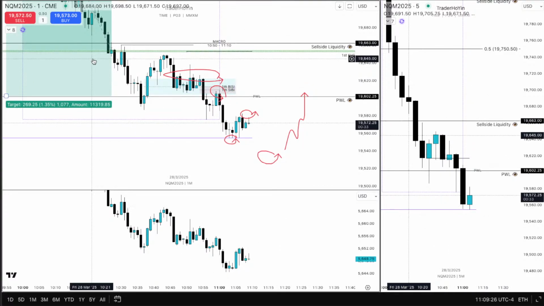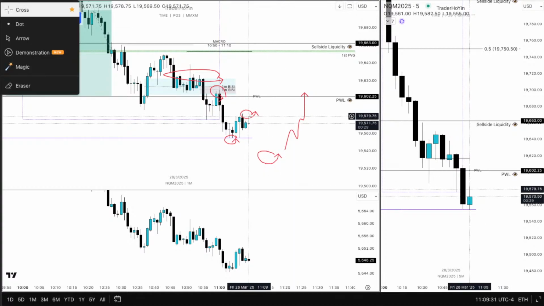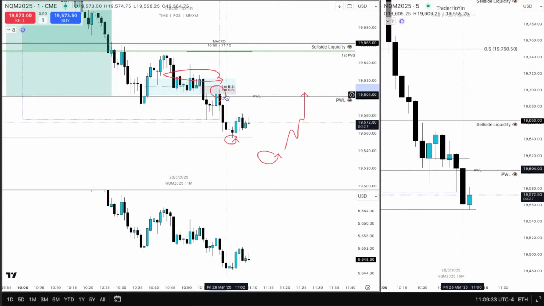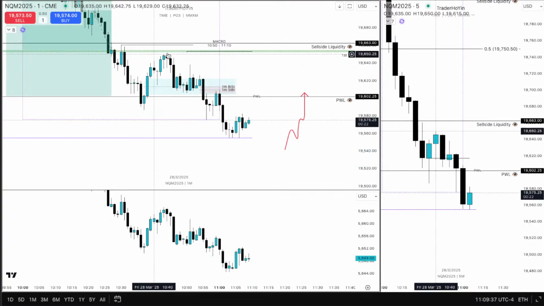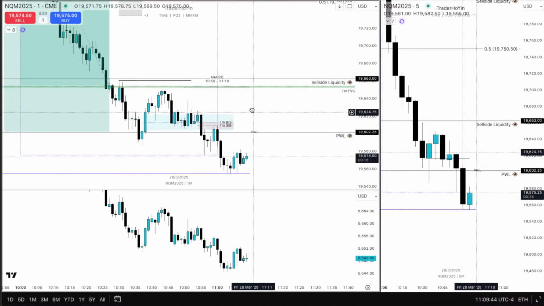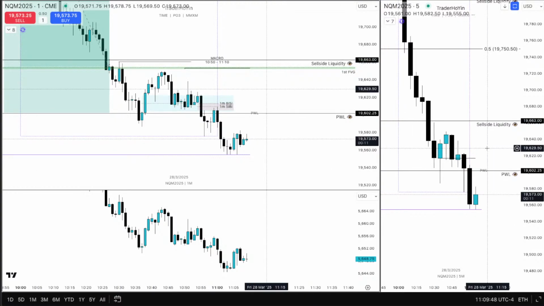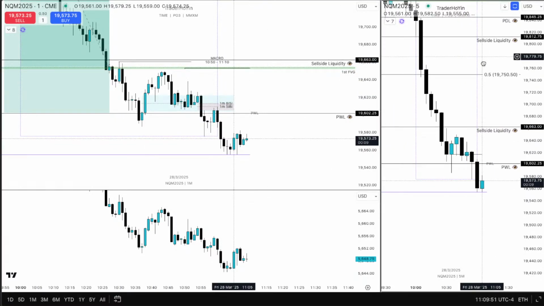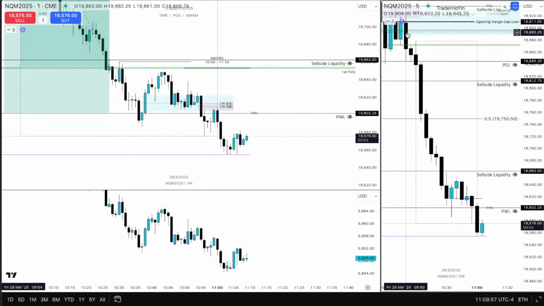So where are the stops? Right? It's the people shorting from here. A lot of retail traders won't short from the 9:30 open.